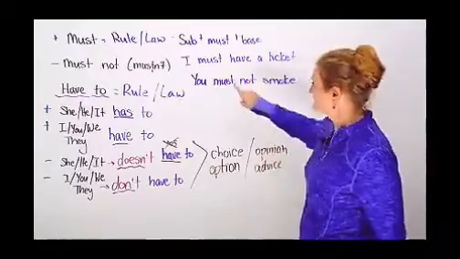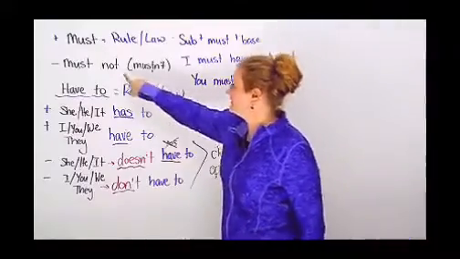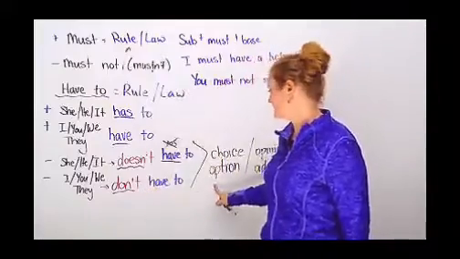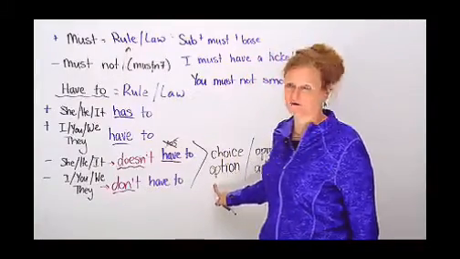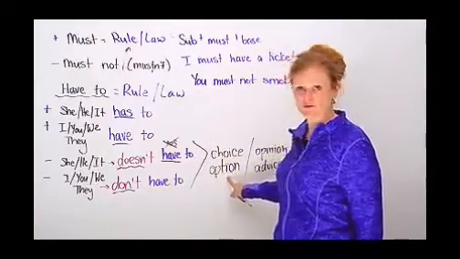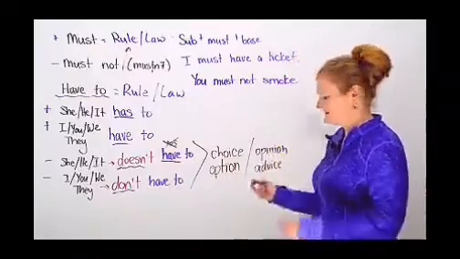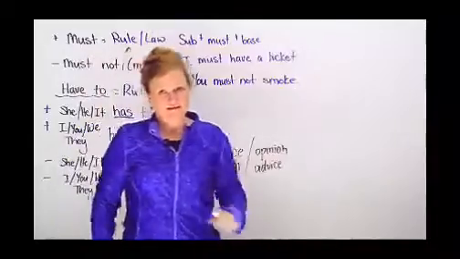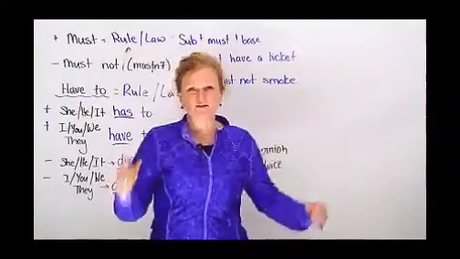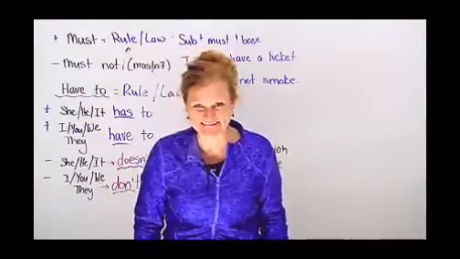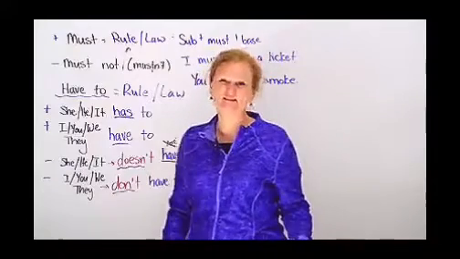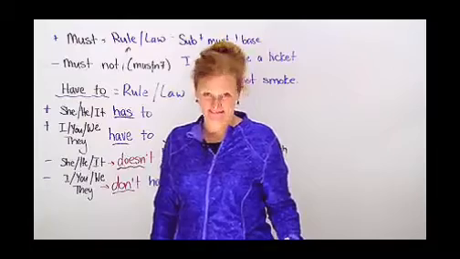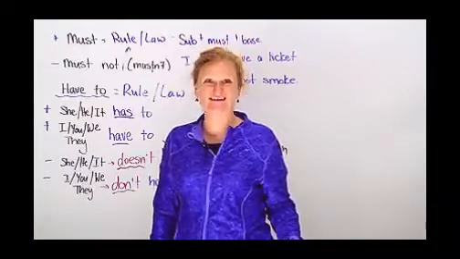So, this one is a very strong rule or law. This one is not a strong rule or law. This is your choice or your option, or usually someone's opinion or advice. So, let's say that you're getting ready to travel and your mom says, hey, you don't have to call me every day, but you should.